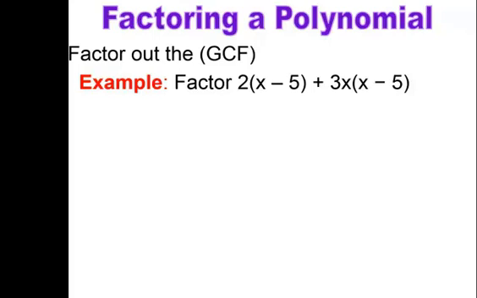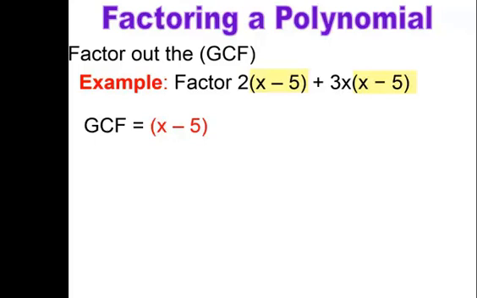So notice that we have binomials with each term. I have a binomial, and the binomial is the same. And because the binomial is the same, we can actually factor that out. That is the greatest common factor. When we have common binomials with terms, we can call that a greatest common factor.